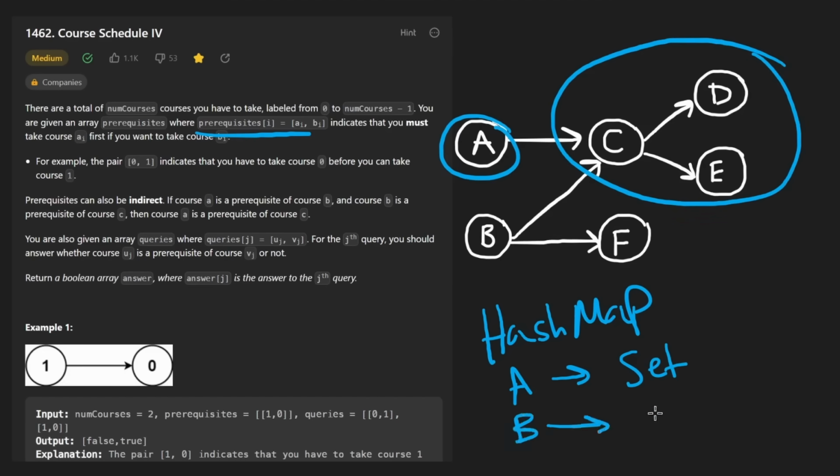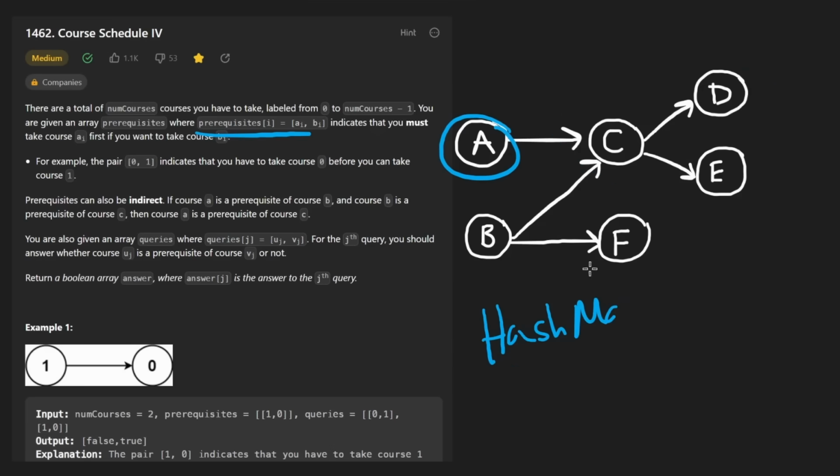So for B, we're going to do the same thing. We're going to create a hash set. Same thing for C, for all of them. Because once we have all of those indirect prerequisites, it'll be very easy to answer any of the queries. We'll be able to do it in constant time. That's what we're trying to do.